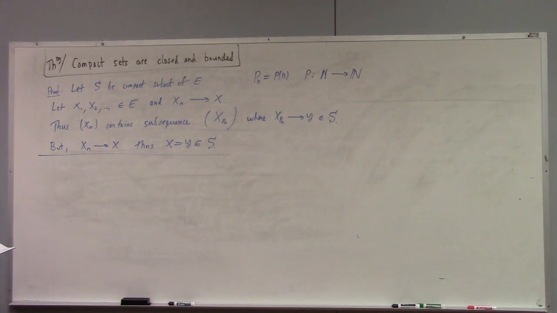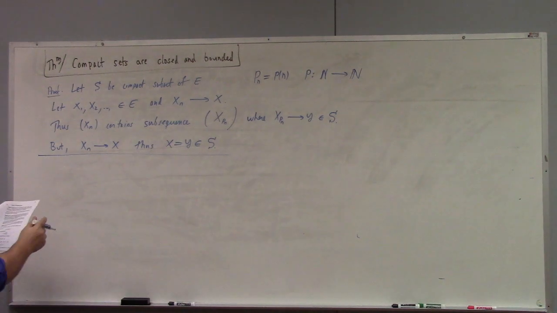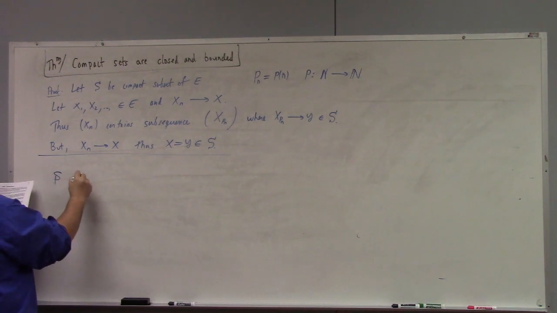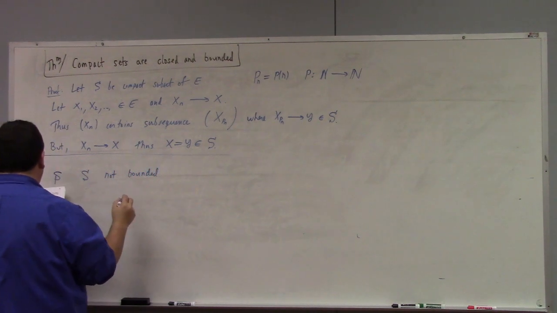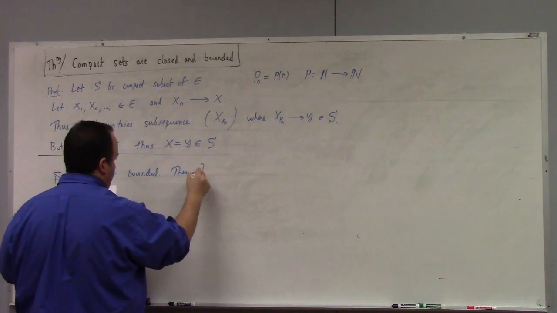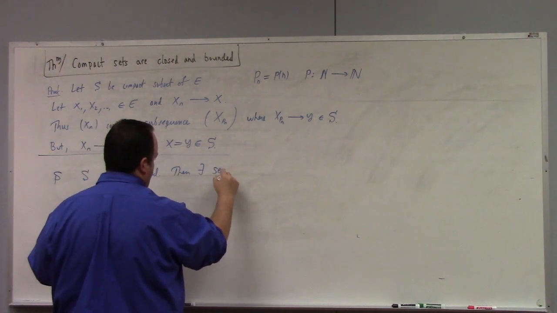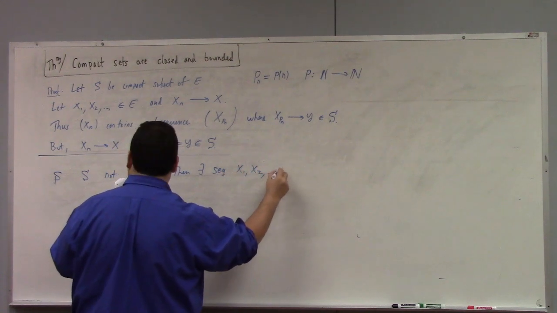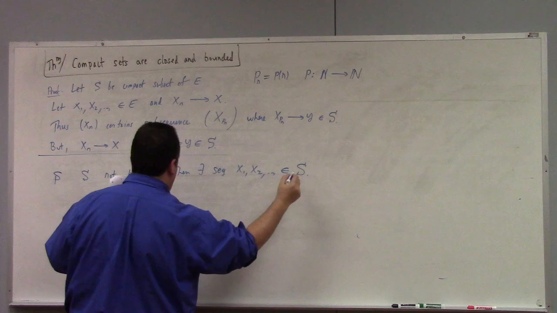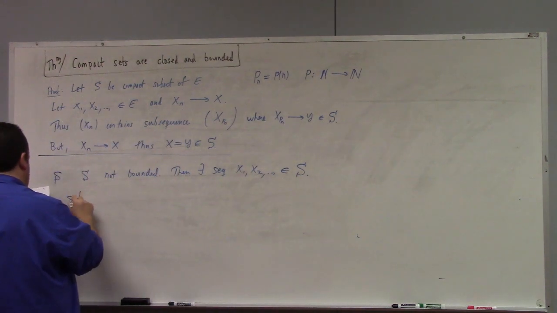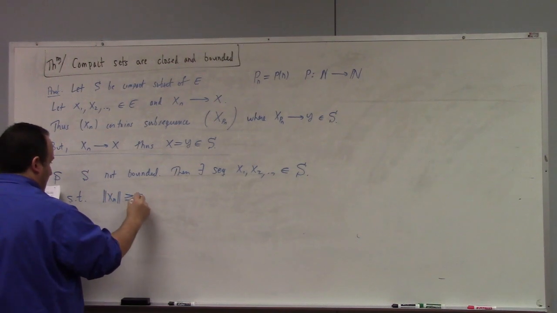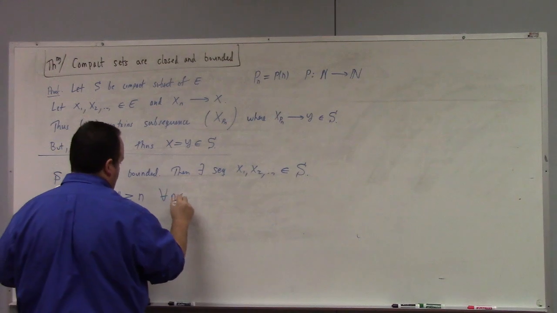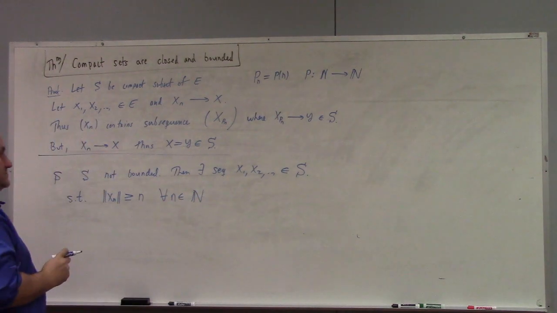Oh, what's left? We need to show it's bounded. So he says, now suppose S is not bounded. Then there exists a sequence x1, x2, and so on in S such that the norm of x_n is greater than or equal to n for all n in the natural numbers.